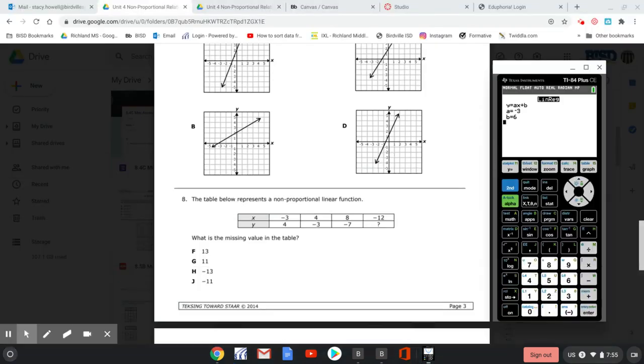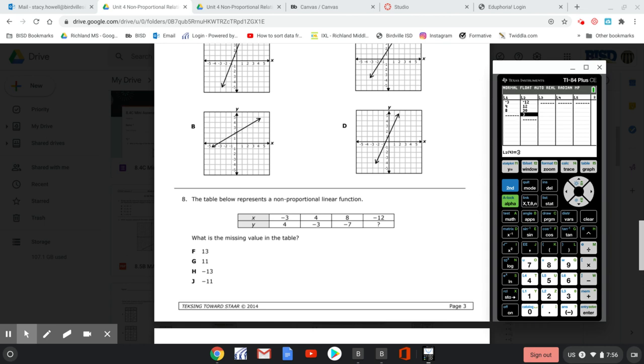And I'm going to put in these first 3 points. I know I have a -3, I know I have a 4 and an 8. I'm not going to put in the 12 because I don't know what matches the 12. So I'm going to delete that.